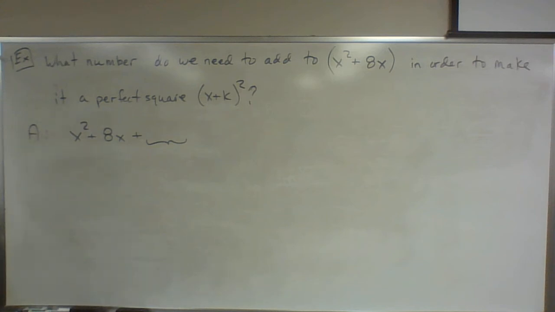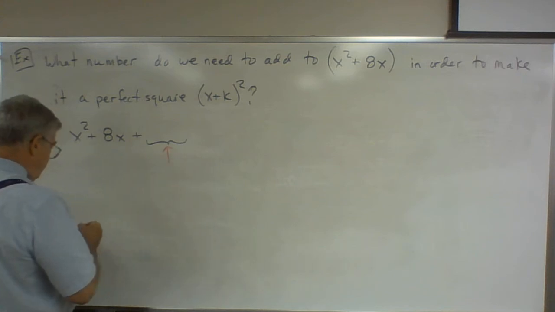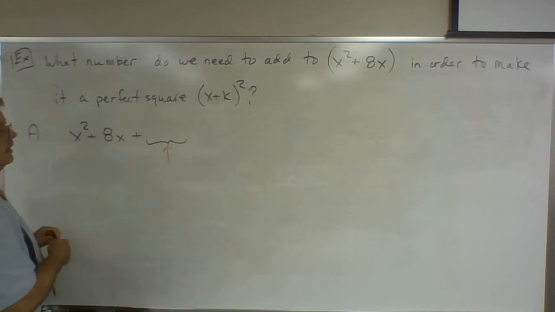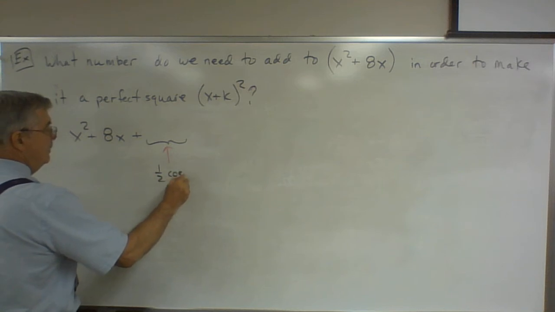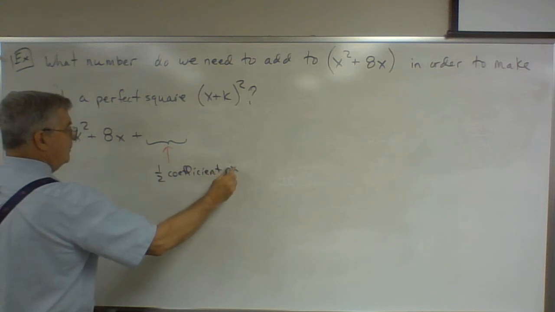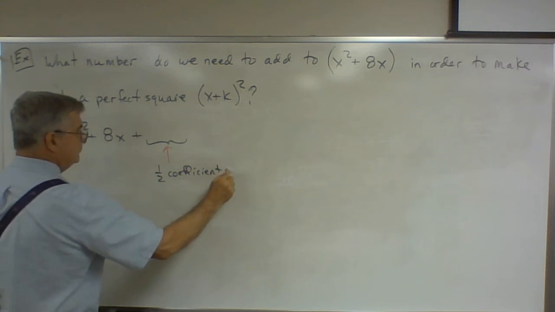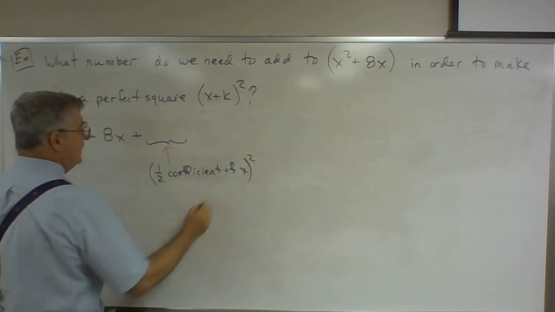We know what this is supposed to look like. This number is supposed to be 1/2 the coefficient of x, squared.